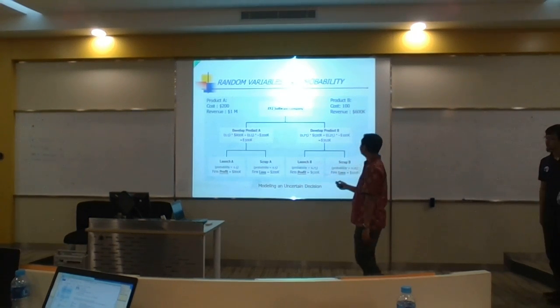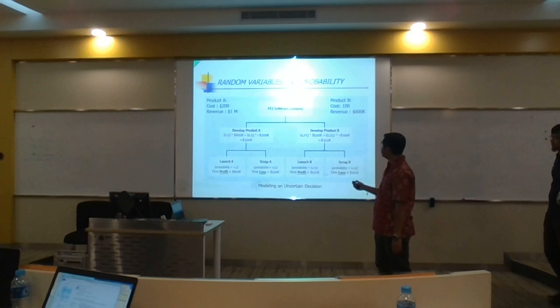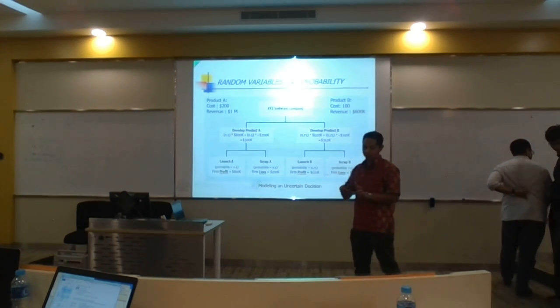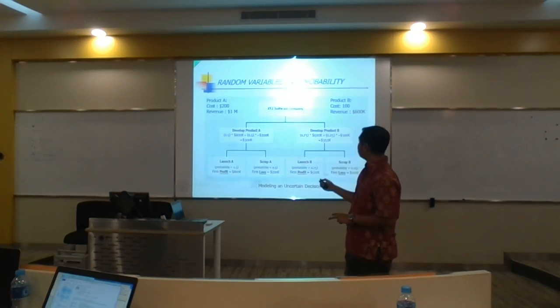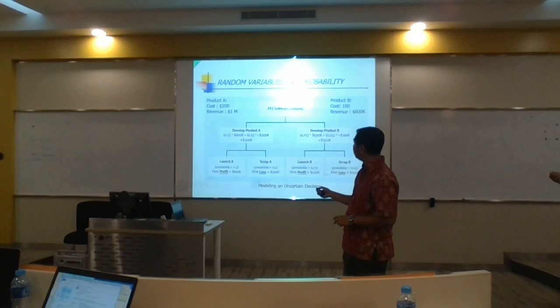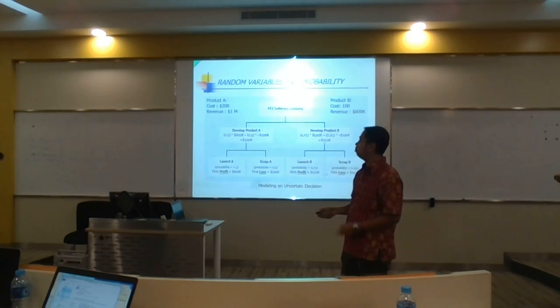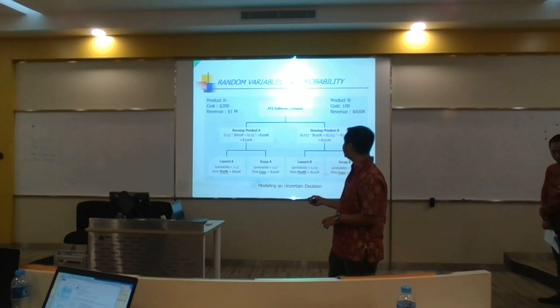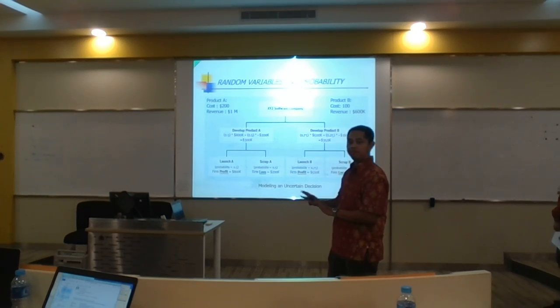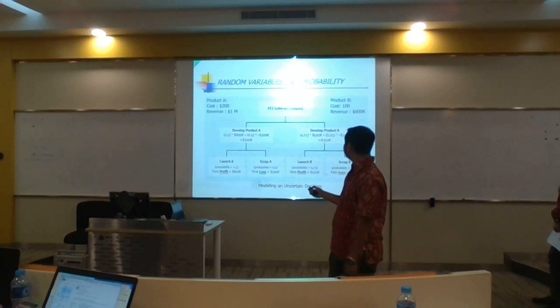We have a case from XYZ company. XYZ company has two products, product A and product B. First, product A has a cost of $200, but it has revenue of 1 million, and the probability is half and half, 50%, 50%.